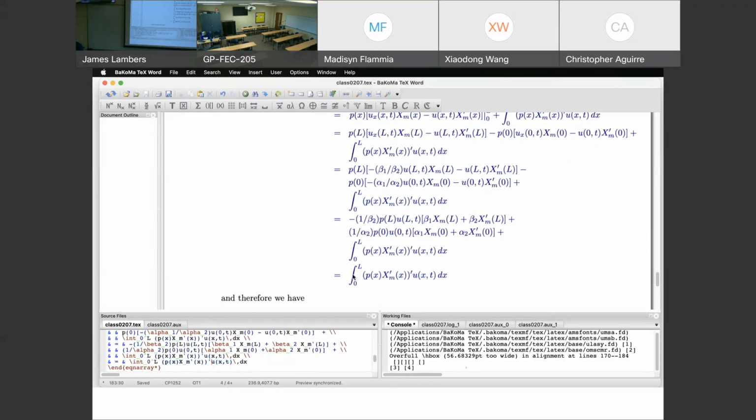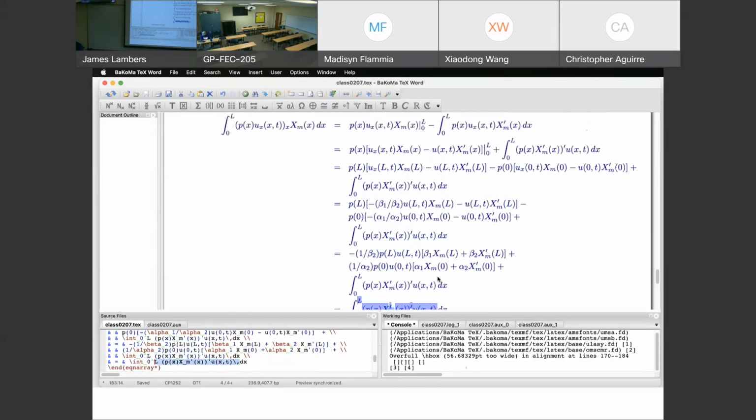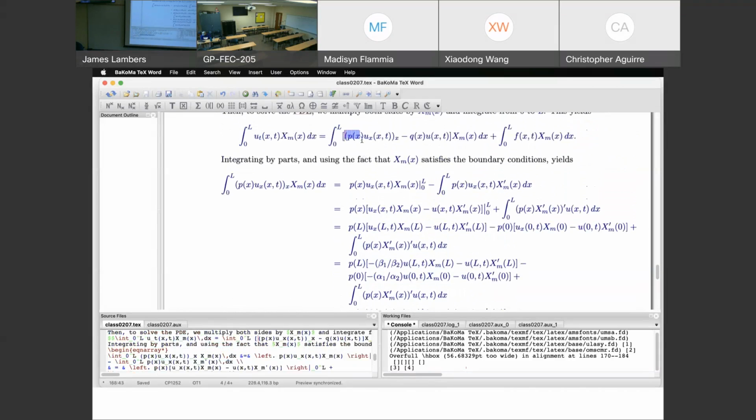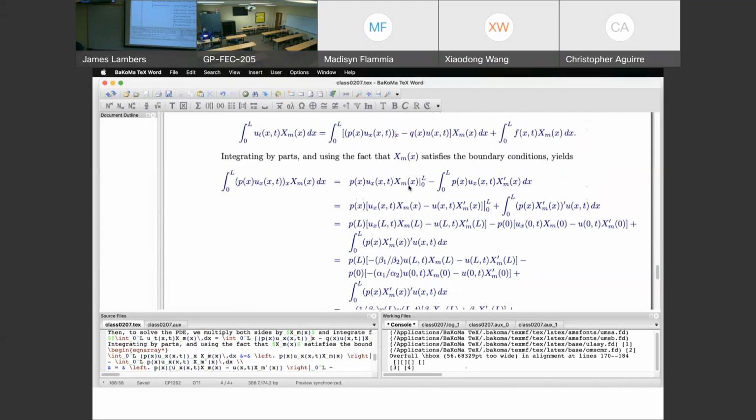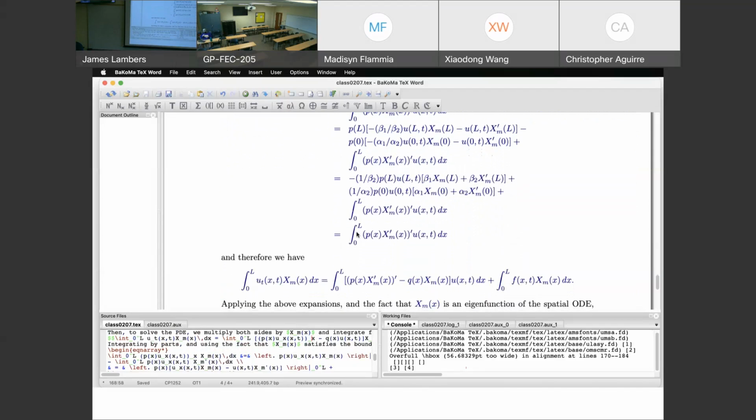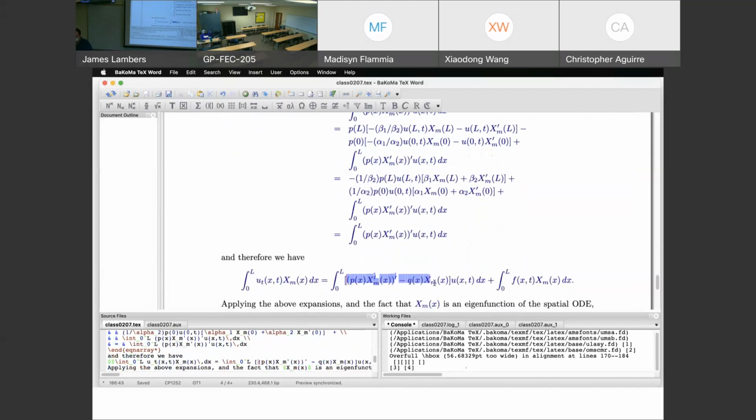So now, if I put this back in here, then this is what I have. And the reason why this is important is I know what this is and can drastically simplify it.